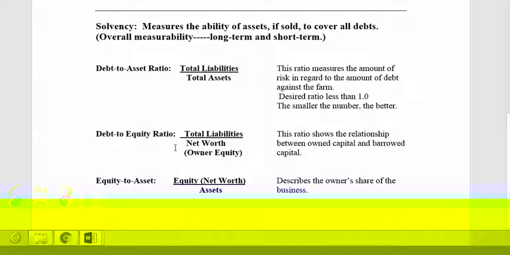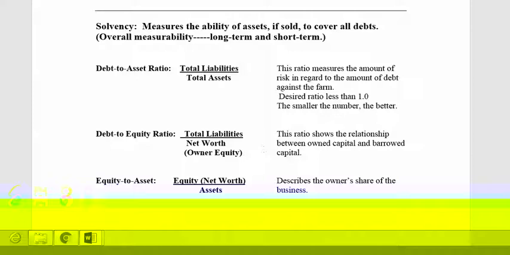Debt to equity ratio, this is total liabilities to net worth. So it's similar to debt to asset ratio. Total liabilities to net worth. Again, dollars of debt versus dollars of equity. It tells us how much our creditors own relative to how much we own.